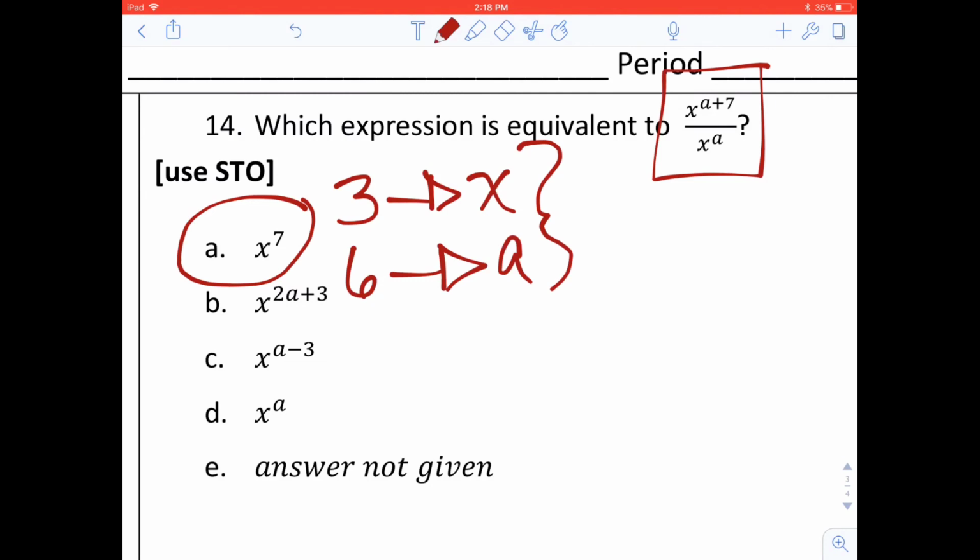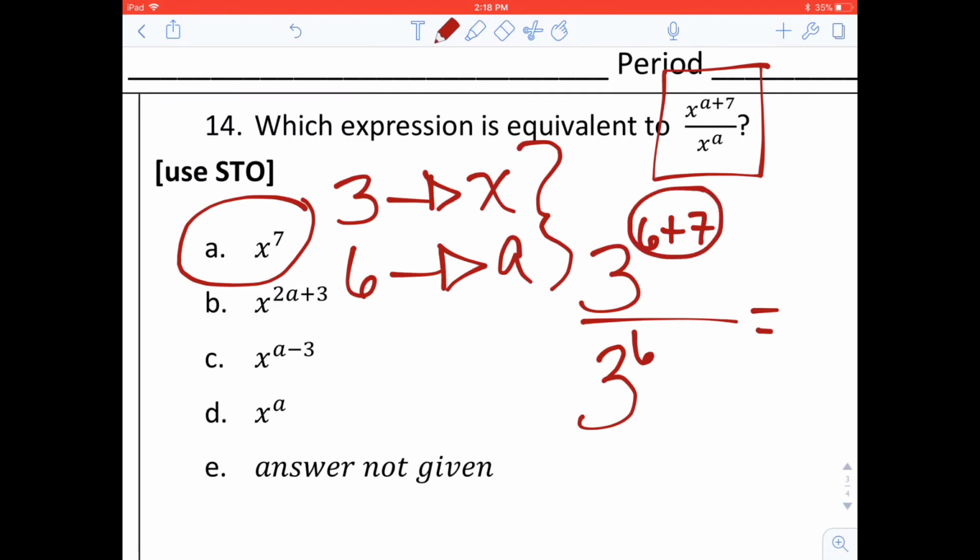If I substitute 3 for X, and then I substitute 6 for A, 6 plus 7, so that's what I get up top. And then on bottom I have 3 for X, and the A value is 6. So then, let's simplify this. Let's actually do, what is 6 plus 7? Well, if I do 6 plus 7, that's going to give me 13 as an exponent.